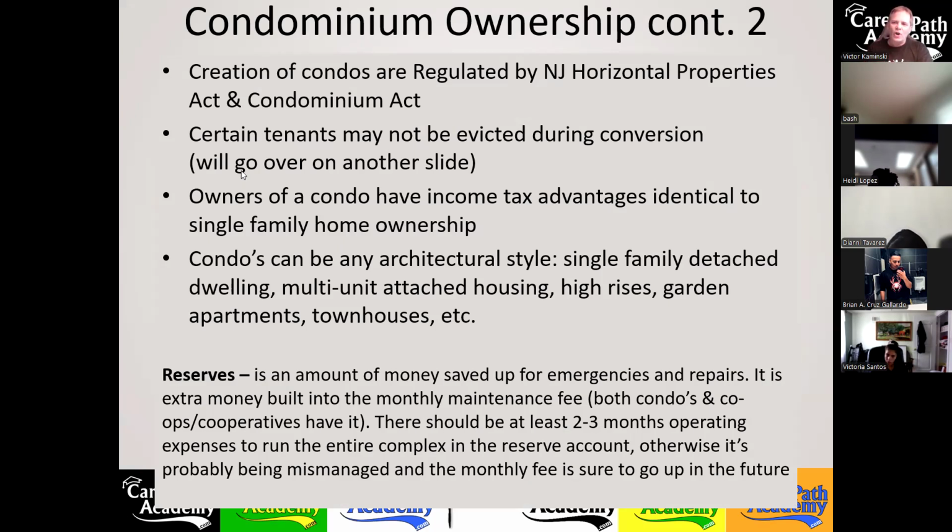That's like if you buy an apartment building or a multifamily house and convert it to condos. Certain tenants cannot be evicted during those conversions. Owners of a condo have income tax advantages identical to those of single-family homeowners. And condos can be any architectural style. The differences arise from the form of ownership.